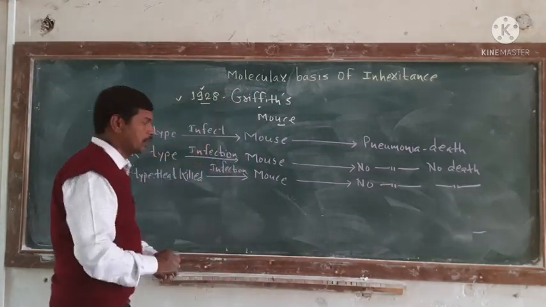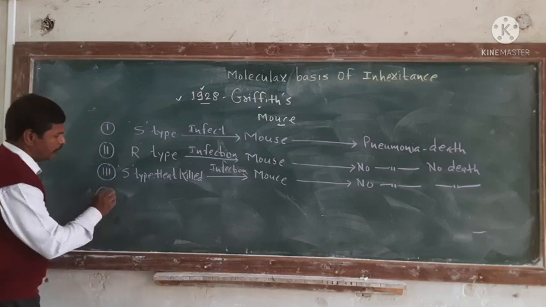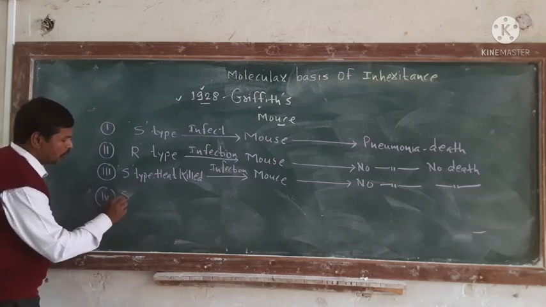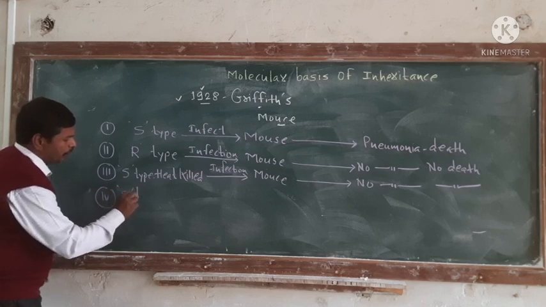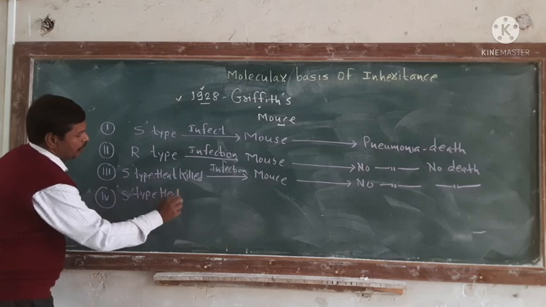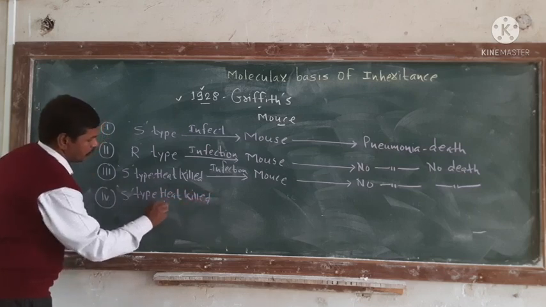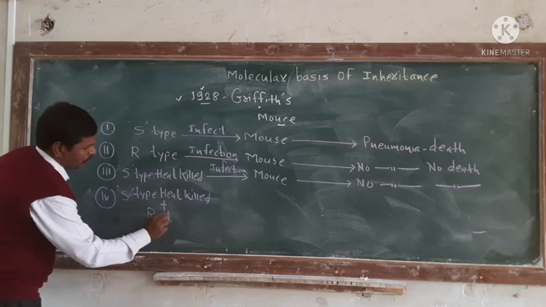Now the last step he completed. That time he used the heat killed S type plus R type.